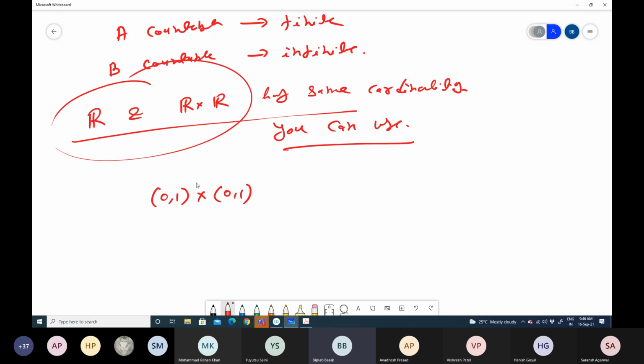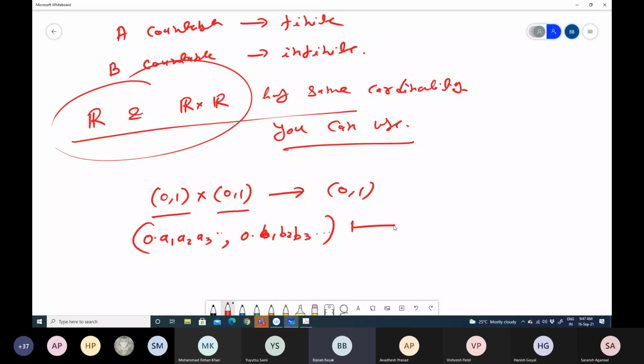For example, that is an easy one. If you take the interval 0,1 cross 0,1 to 0,1, you can have a surjective function. How do you get a surjective function from this to this? Take 0.a1a2a3 and 0.b1b2b3.